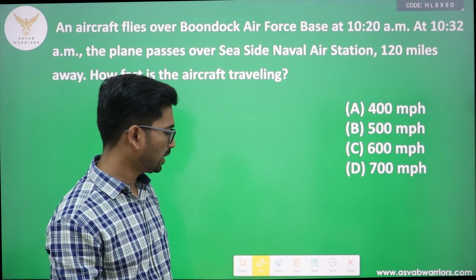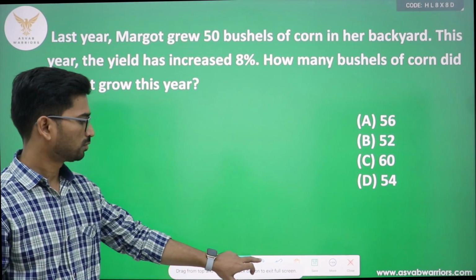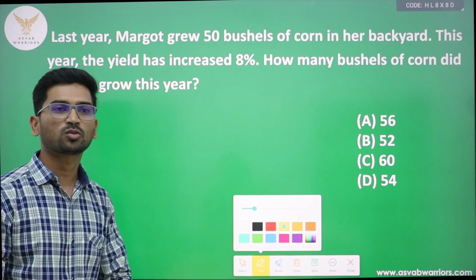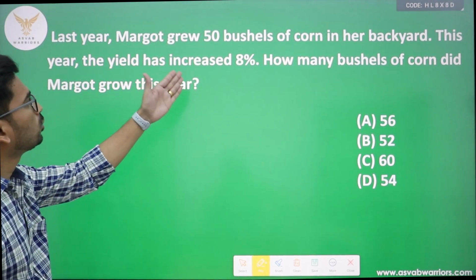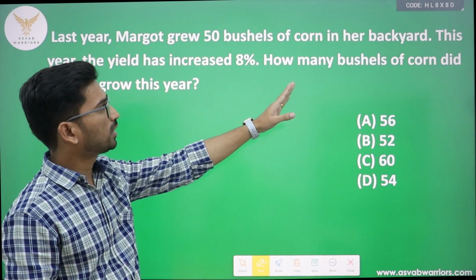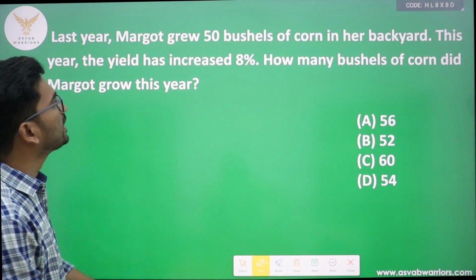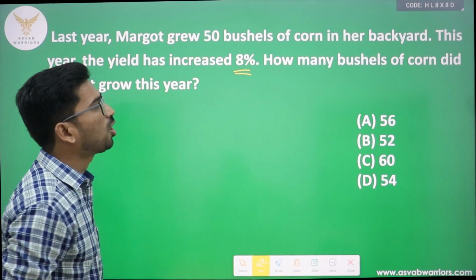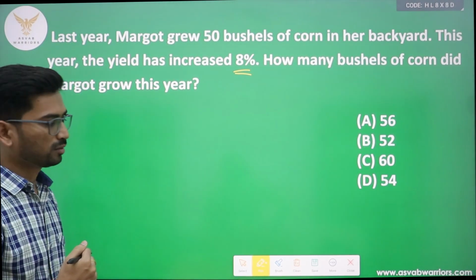Now let us move on to our next question. Now the next question says, last year Margot grew 50 bushels of corn in her backyard. This year the yield has increased by 8%, how many bushels of corn did Margot grow this year?